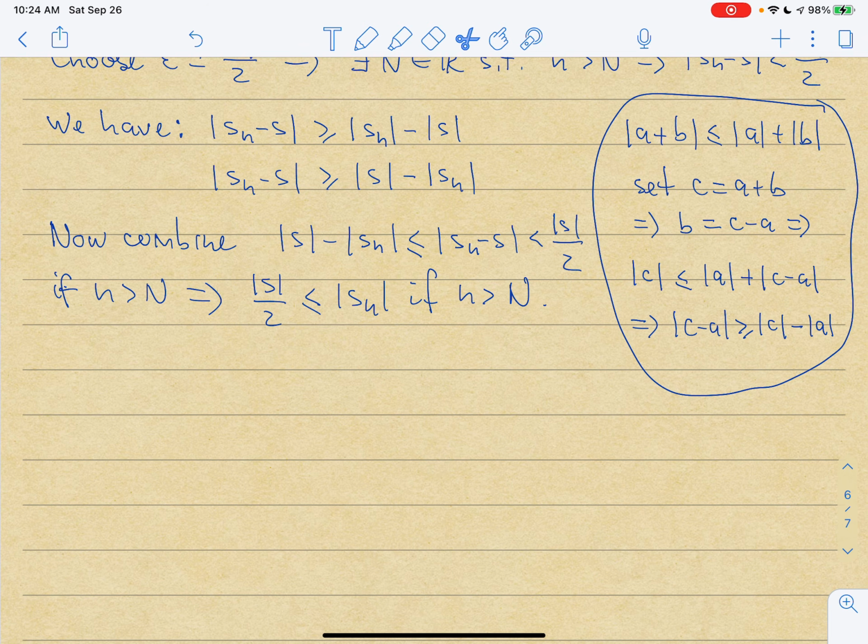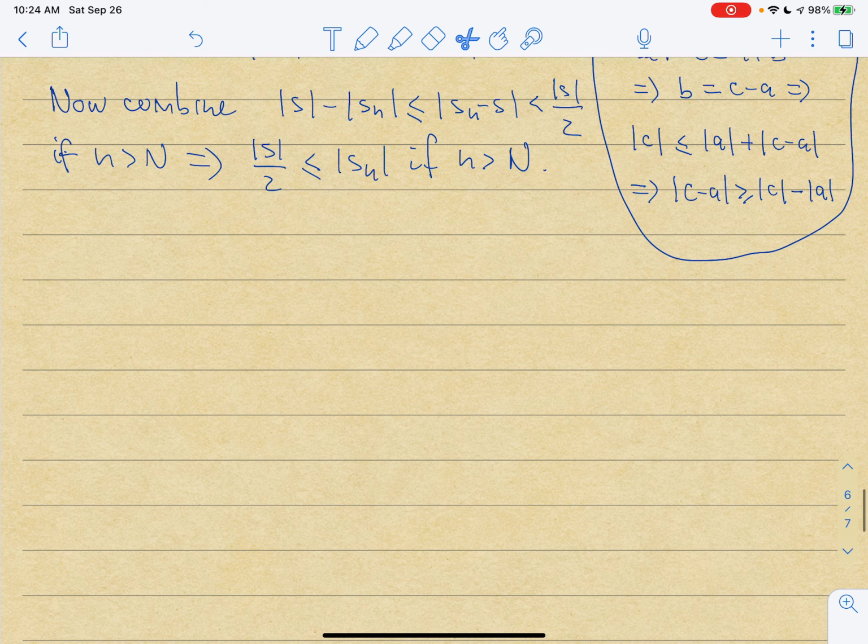All right. So then I can make the following assertion.